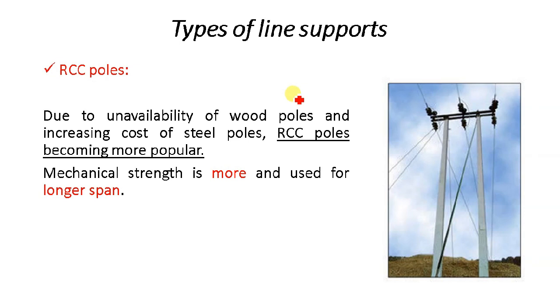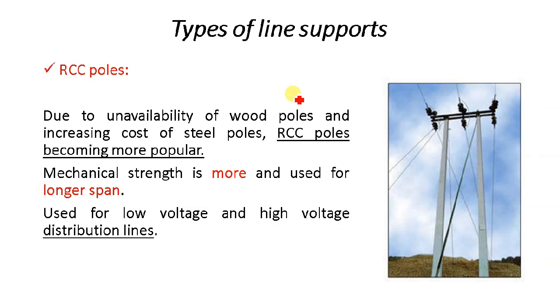Obviously, if your tower has higher mechanical strength, then the span can be increased. It does not require maintenance compared to wooden poles as well as steel poles, but it is used only for low voltage and high voltage distribution lines. So again, these kinds of poles are only used in the distribution system.